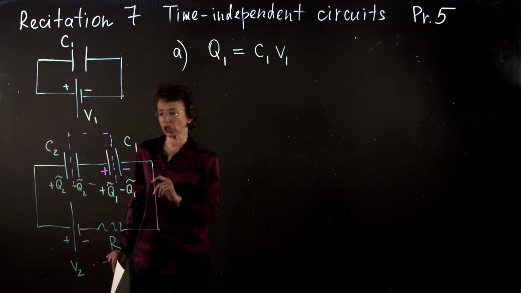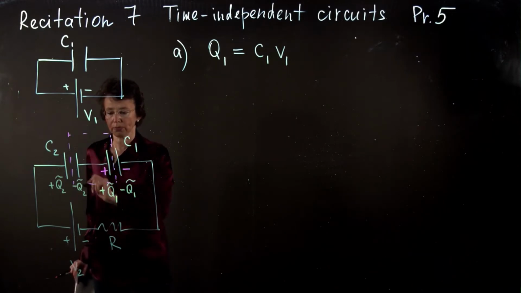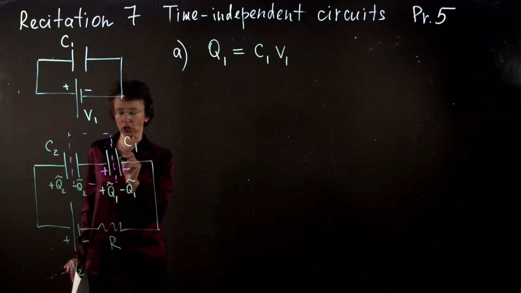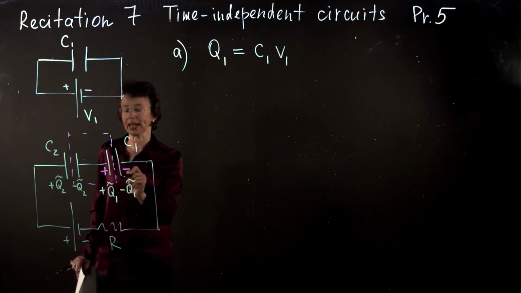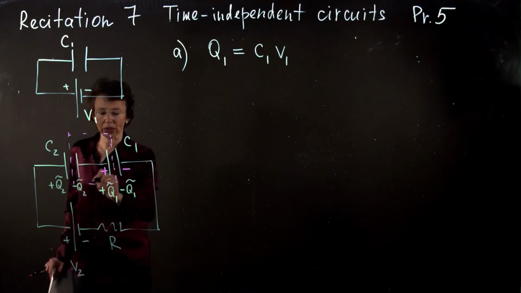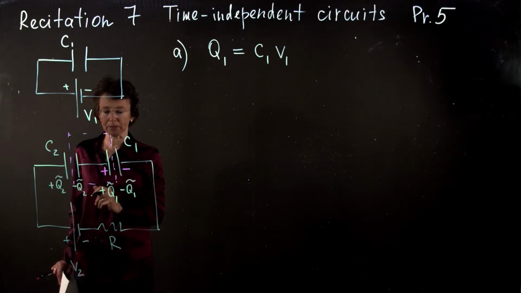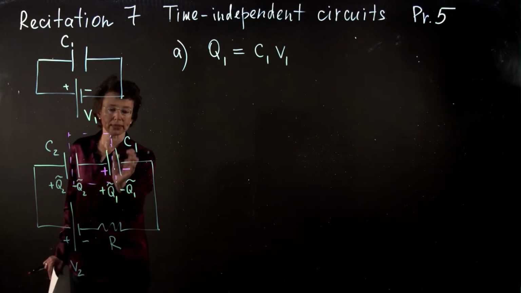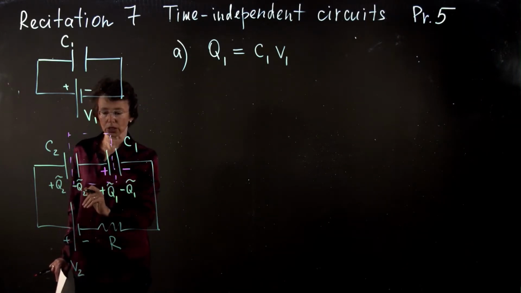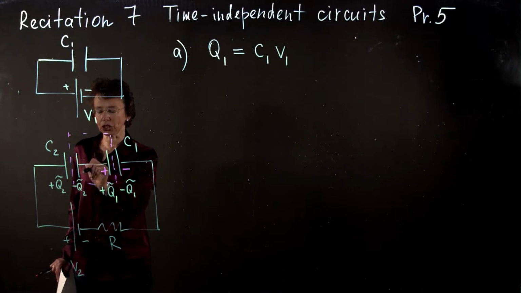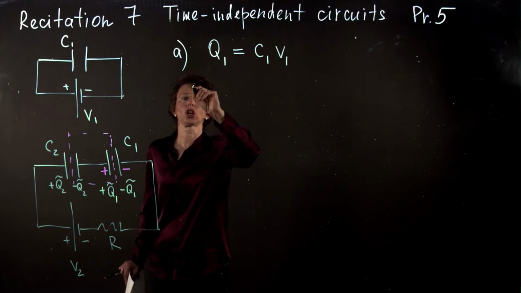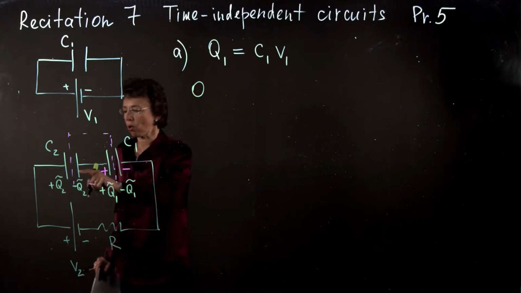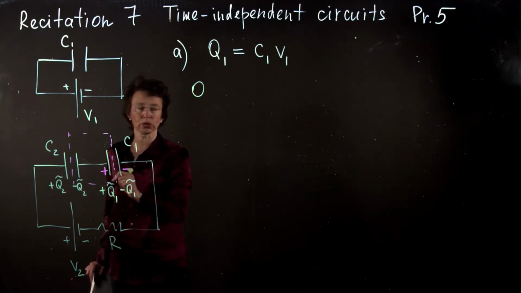What will be the charge within this box? We will use conservation of charge that tells us that the charge within this closed space, within this box, stays the same. What was the original charge when we just put this capacitor C1 in this circuit? Capacitor C2 was uncharged, so the initial charge on this plate of C2 was 0.